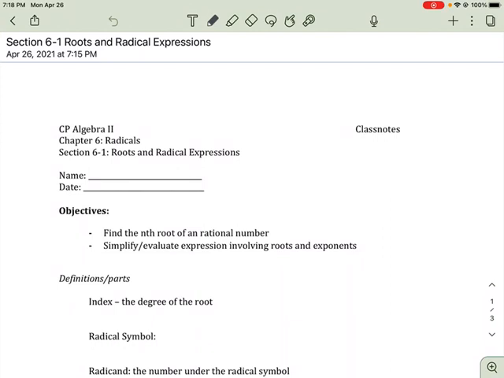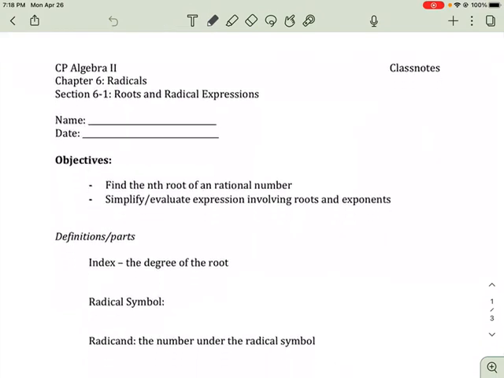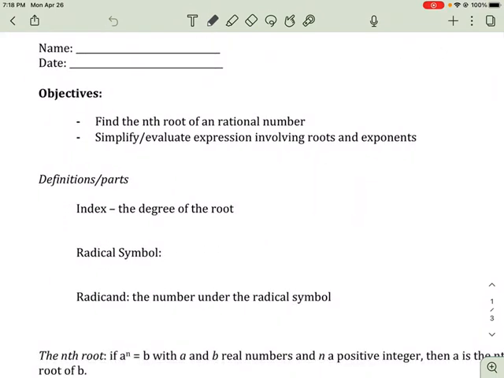You got this. All right, so there's different parts. You have the index, which is the degree of the root. In other words, it tells us what root we are taking. You have your radical symbol, which looks like a little division sign with a little shelf. And n is the index. So the index is this guy, and again, that tells us what root to take.